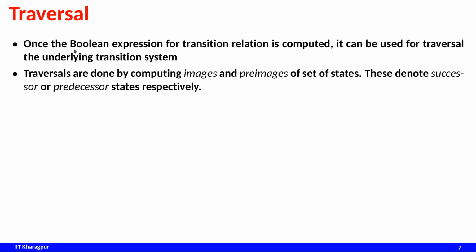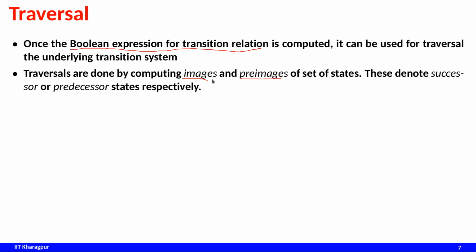And the interesting thing is that on this Boolean expression that we have computed, we can apply certain binary operations and do the actual traversal. This idea depends primarily on two things: the computation of images and pre-images.